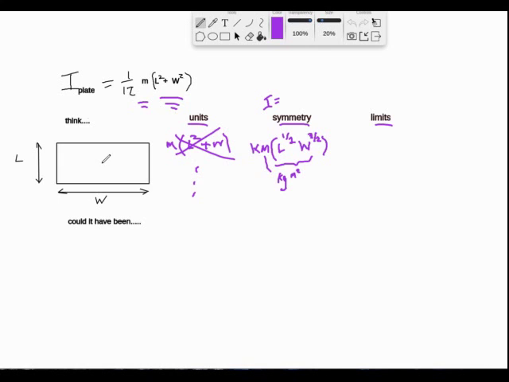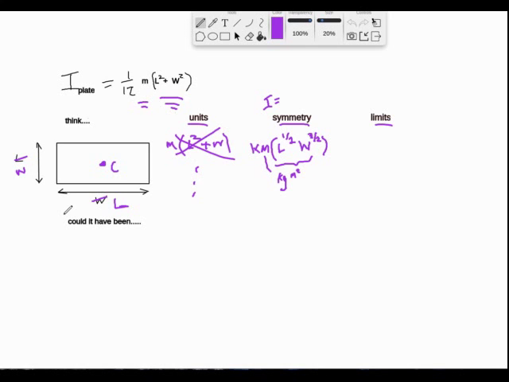We're trying to find the moment of inertia about its center. Surely it wouldn't matter if I switched my perspective and called this length and that width. Or if I took your piece of paper or your computer screen and twisted it 90 degrees. This is the polar moment of inertia, versus the area moment of inertia when we were bending beams in strength of materials.